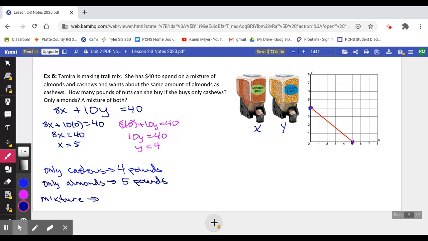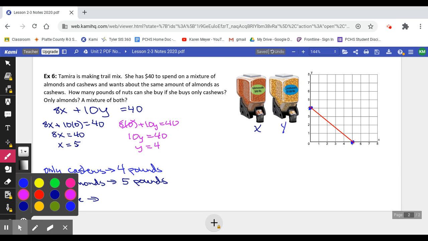Okay, to get a mixture, you either would have to guess and check a lot, or you would look at the graph. And so that's why we made you graph it, just so that we could avoid some of the guessing and checking. So if I go on my graph here, I'm going to go to what I think is maybe a little bit easier to find a point.